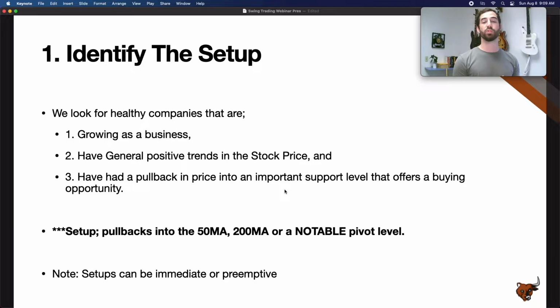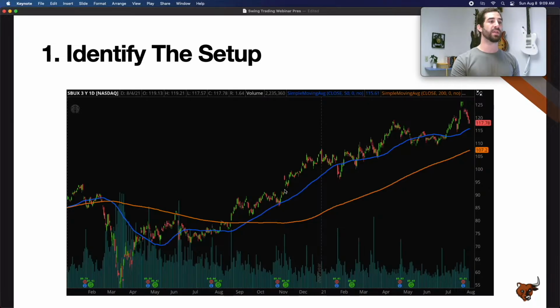And you would set alerts, or you would set buy limit orders at a lower price than it's trading right now, in case the stock moves and you're not looking at the screen at that moment. You're either alerted or the system automatically opens a position for you. We don't have to get too deep into it right now, but let's jump right into identifying the setup.